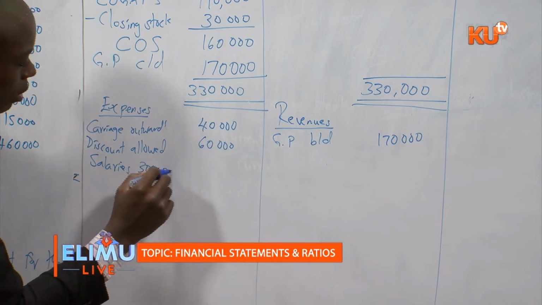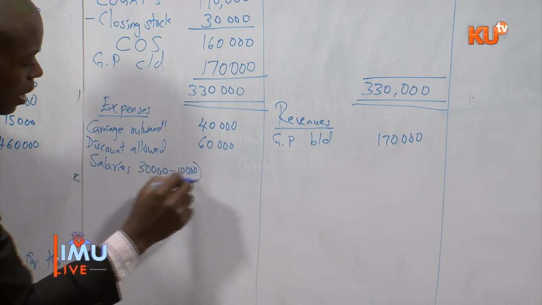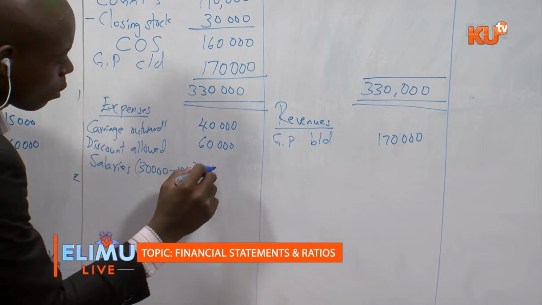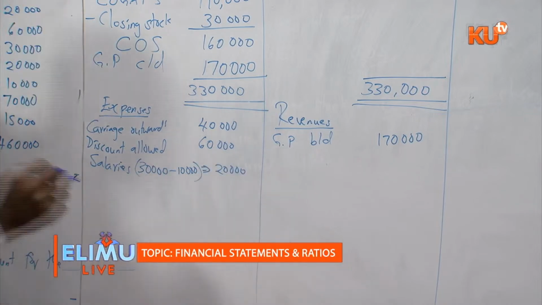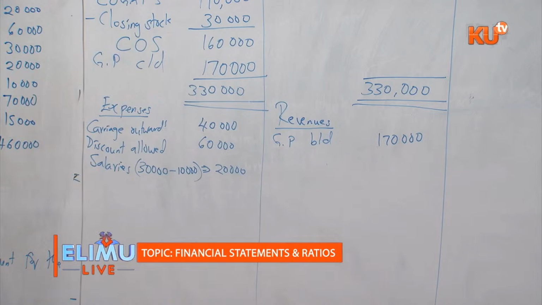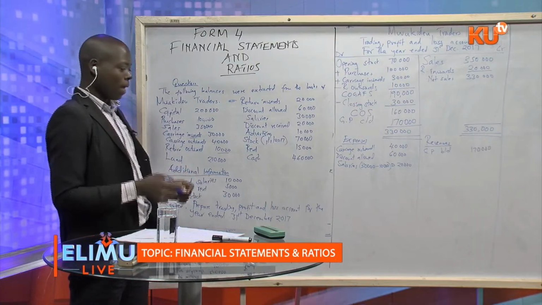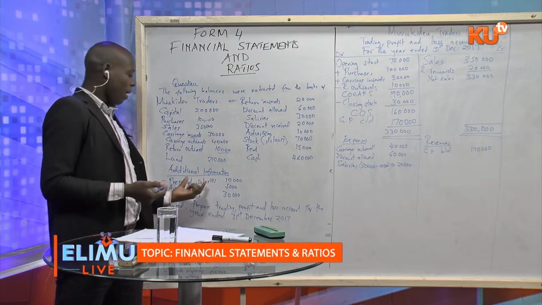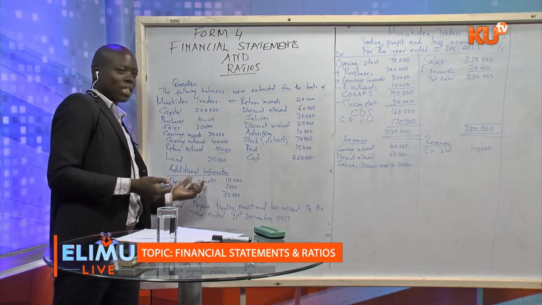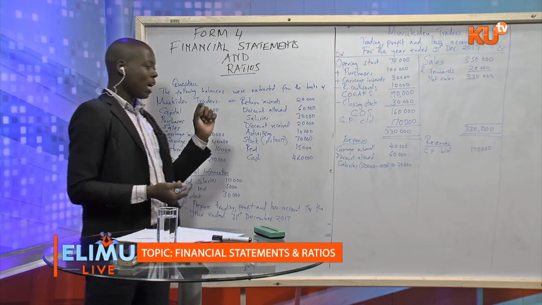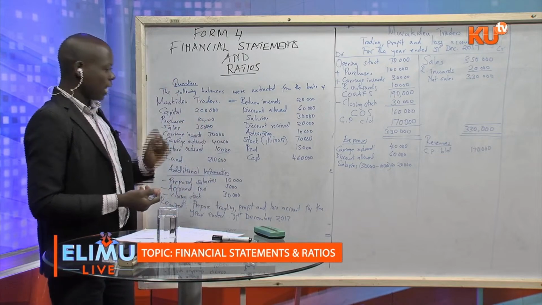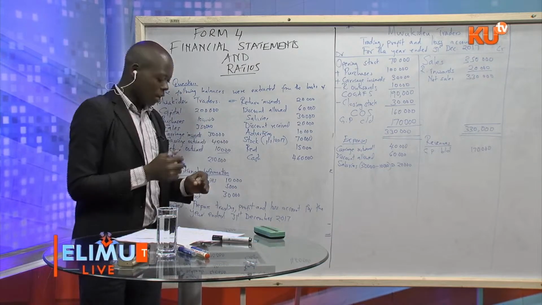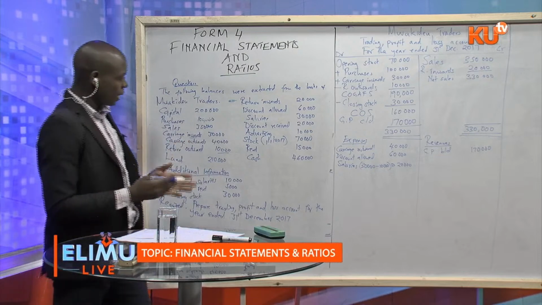So take 30,000 minus 10,000, and then that gives us our figure now, 20,000. So the salaries is 20,000, not 30,000, because of the prepayment. Then if we had been asked to prepare a balance sheet, we will transfer prepaid salaries to the balance sheet as a current asset, meaning it will be debited on the balance sheet. I hope that is clear.